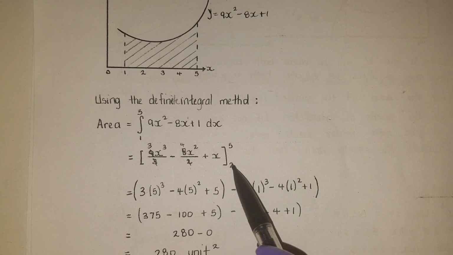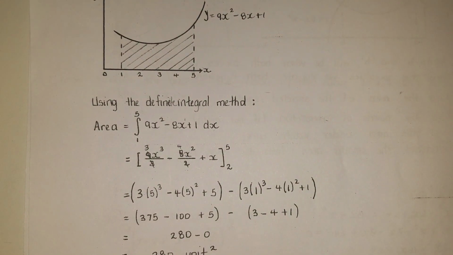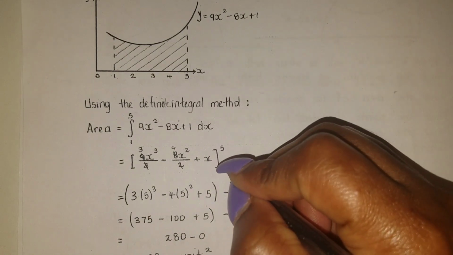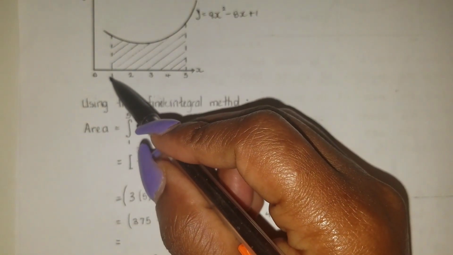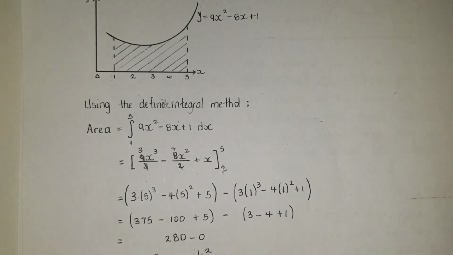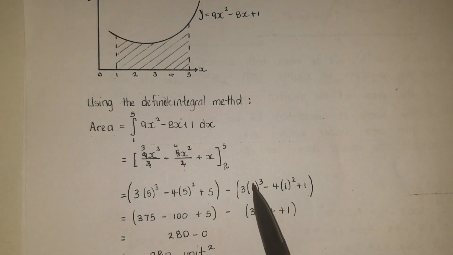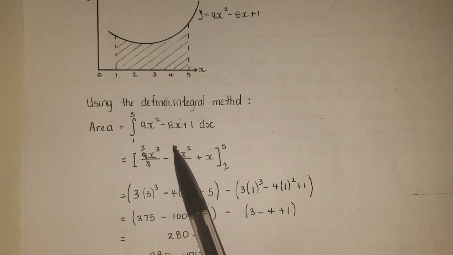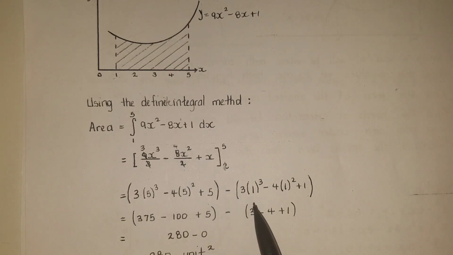This should be a 1 and not a 2. Let me fix that, because here the lower limit is in fact 1. Now we plug the lower limit, 3 times 1 cubed minus 4 times 1 squared plus 1, as you see in this second bracket.